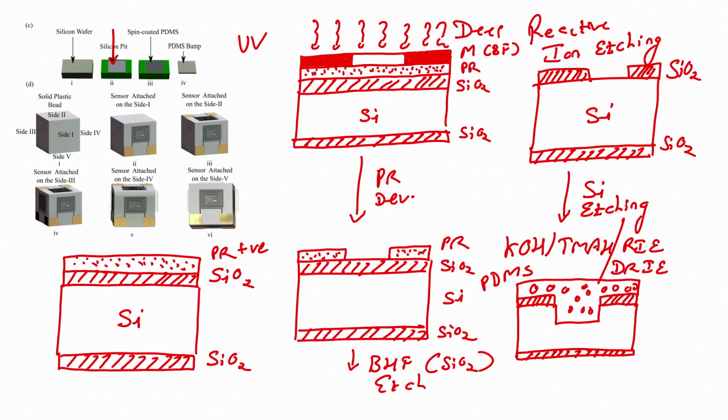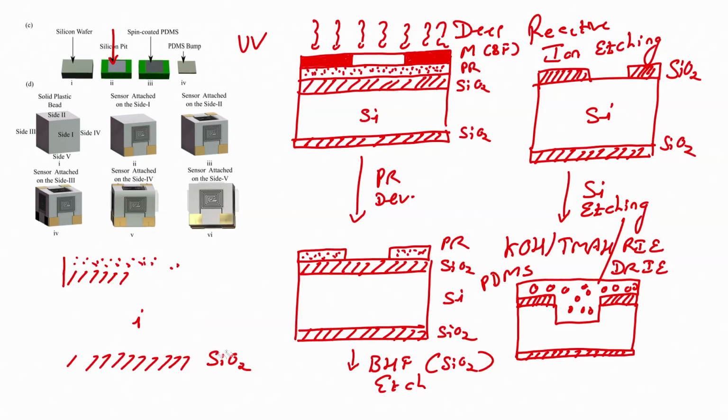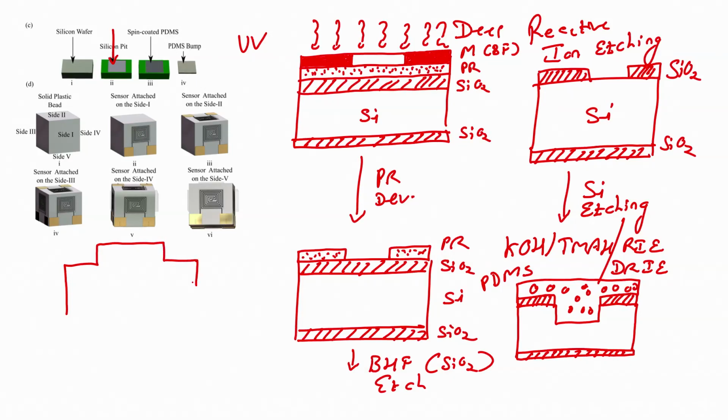When I pour PDMS and cure it, how should it look? It will look like a bump, and the height of this bump depends on the depth of the pit, right. So, this is the PDMS bump.